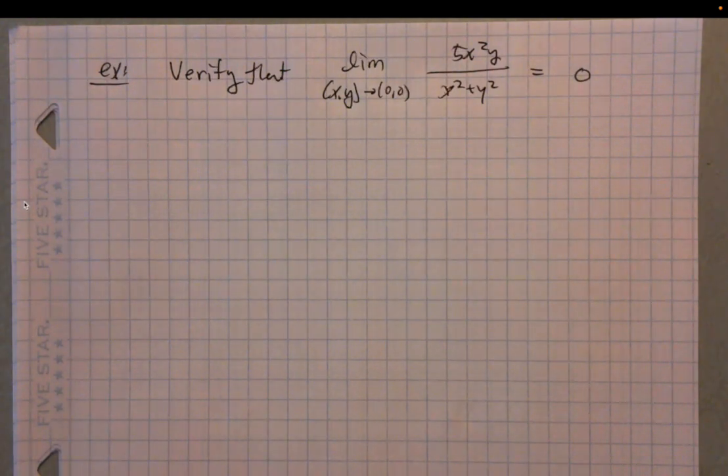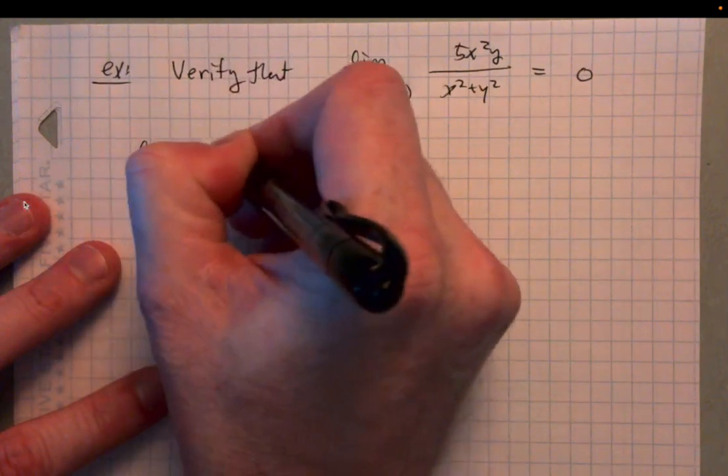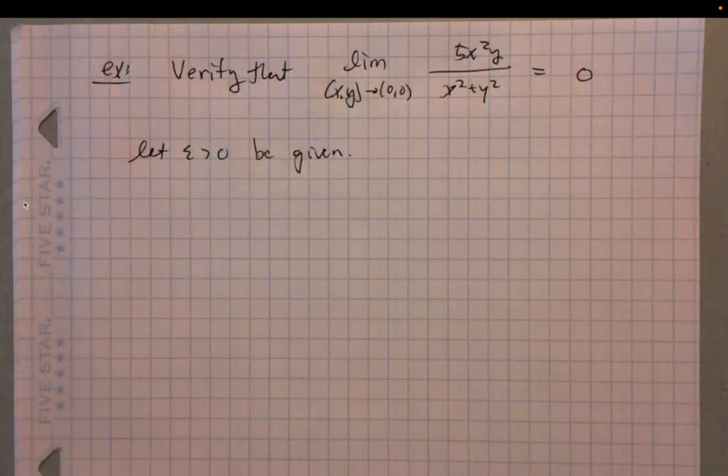I'm just going to work this proof in the correct direction. I'm not going to fill in all the backwards detail, but I'll indicate what it is, and you can confirm that on your own. We would start this proof by saying let epsilon greater than 0 be given, which is another way of saying let epsilon be an arbitrary value. It could be arbitrarily small.